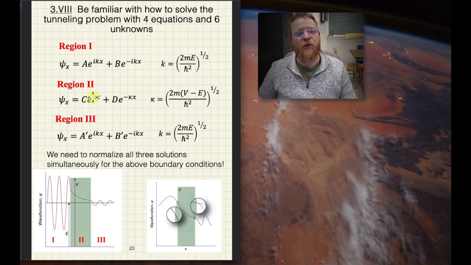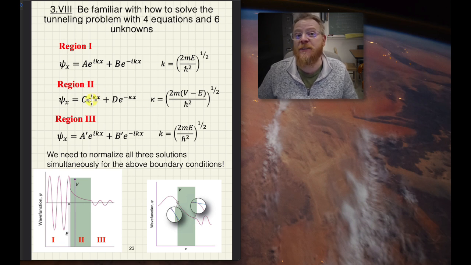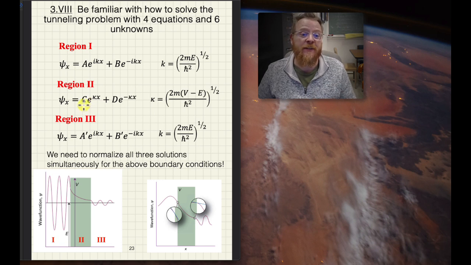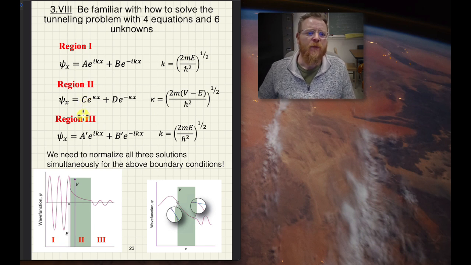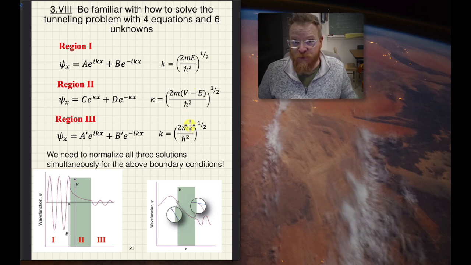And in region 2, we got real solutions corresponding to some exponential decay or growth analogous to classical dampening. We also have our respective wave number solutions, which for regions 1 and 3 are the same, albeit region 3 has a reduced energy compared to region 1. And in region 2, our wave number solution includes this potential energy term.